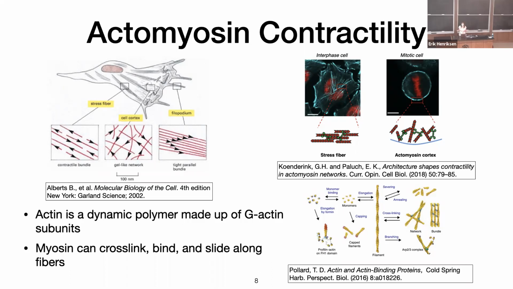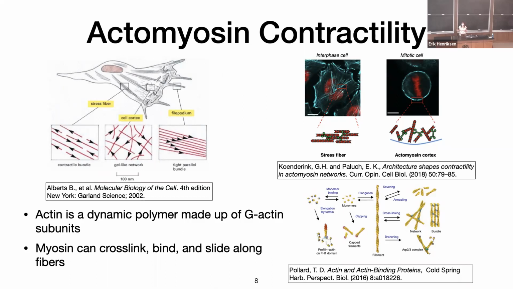So it can take on different orientations, like a contractile bundle or an isotropic gel-like network. It could have these tight parallel bundles. When they're arranged in this way, they're called stress fibers, and they're important for adhesion to the substrate and cell-cell communication. It could have this more isotropic network, which is seen mostly in the cells that I'll be talking about.